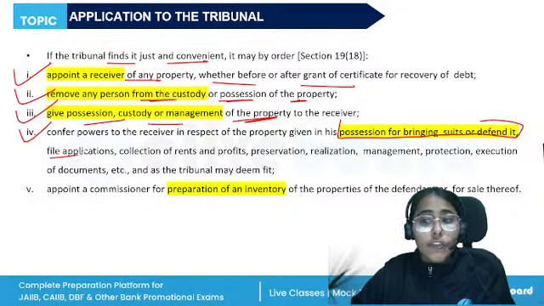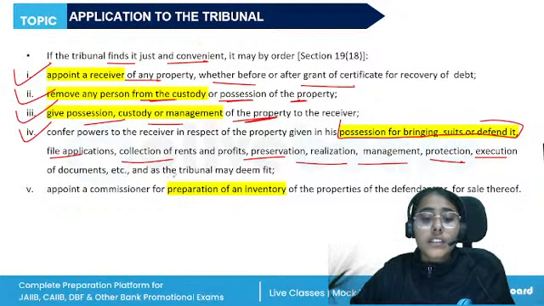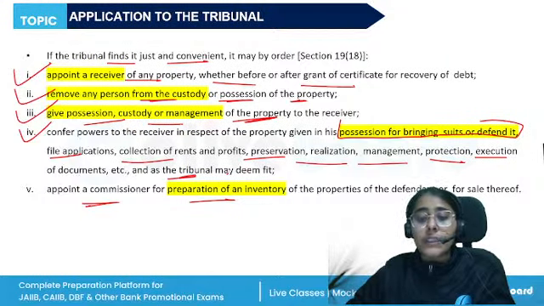The filing of application, collection of rents and profits, preservation, realization, management, protection, execution of documents, whatever powers the tribunal deems fit will be granted to the receiver. Also, they will appoint a commissioner for the preparation of an inventory of the properties of the defendant.